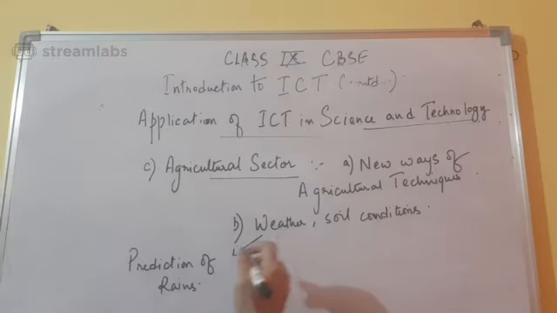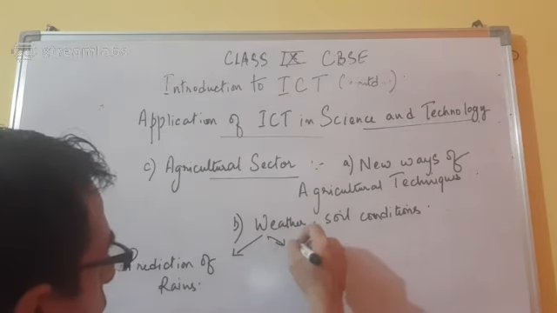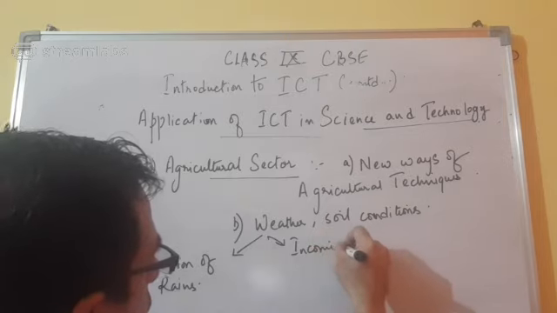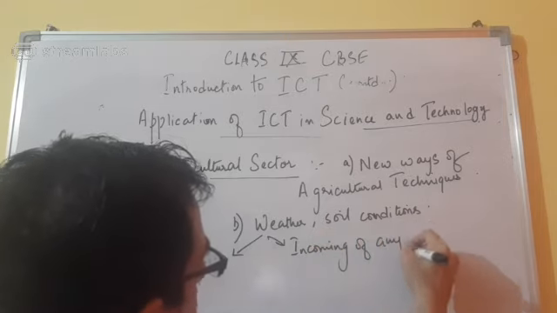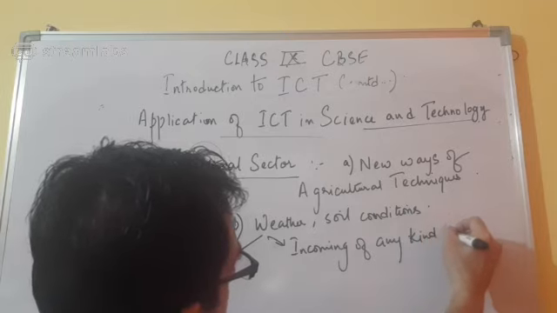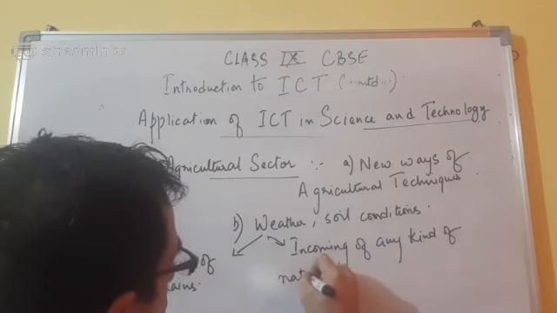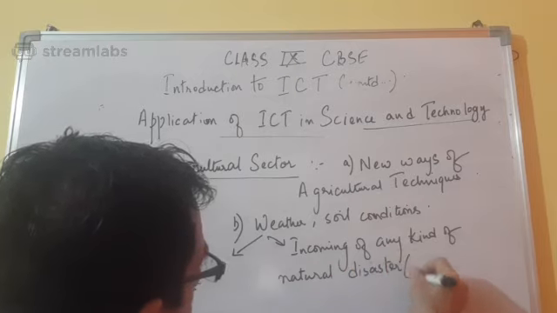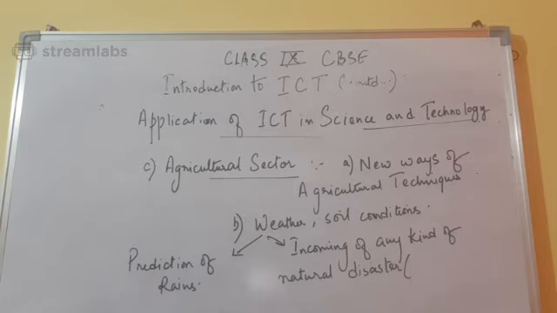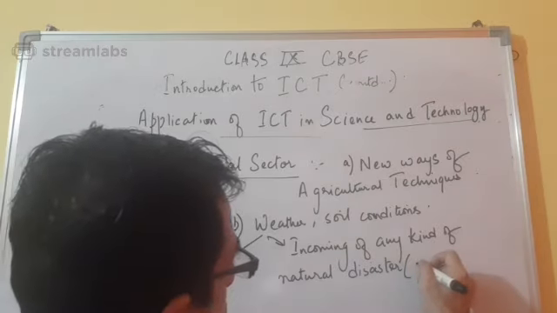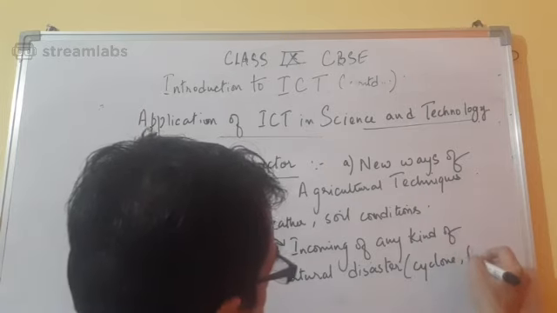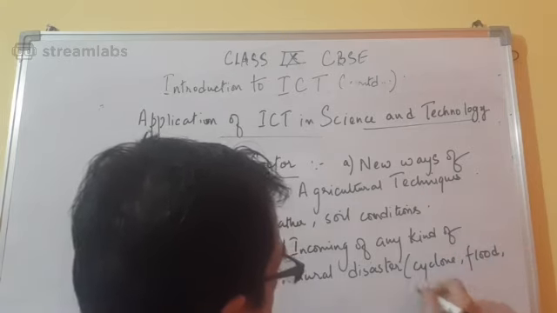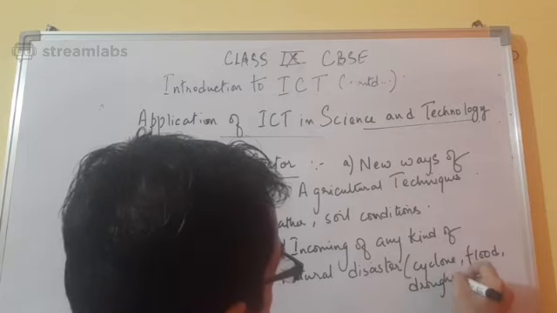Then there are other weather conditions, whether a storm is coming or not, the incoming of any kind of natural disaster, like a cyclone, flood, or drought.